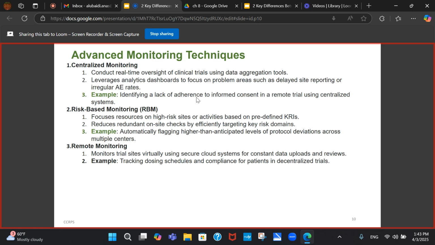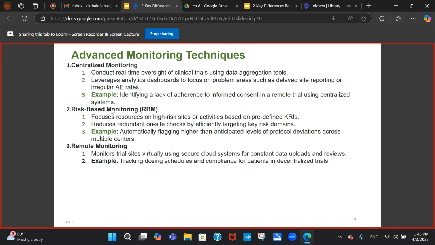And one of the issues that was identified is lack of adherence to informed consent. And this was done through the centralized monitoring. And here, real-time conduct of oversight in this clinical trial particularly was implemented and applied.